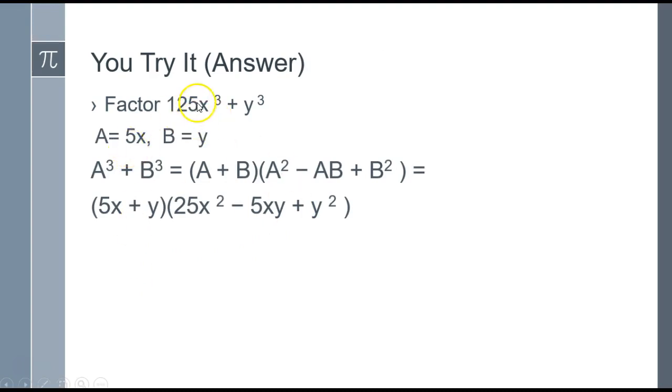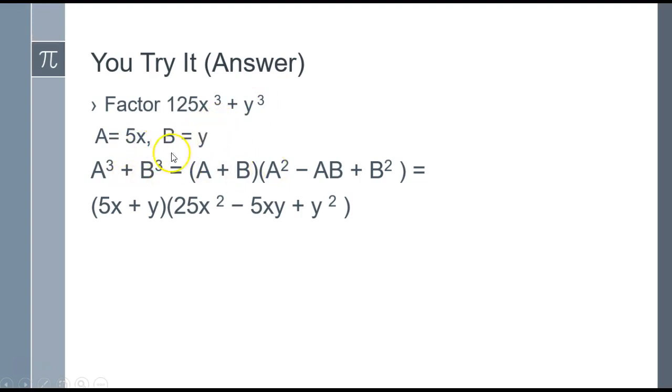125 is 5 cubed, and x cubed is just x cubed. So I get 5x is a, the cube root of y cubed is y, and when we do radicals, you'll see that you could just take the cube root of each of these to see what these should be, but for now we're only going to work with integers and just kind of reason it out.